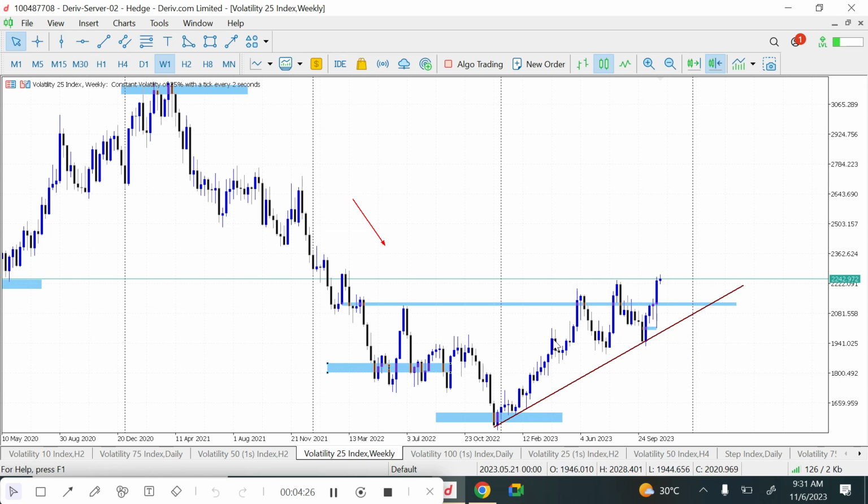Now, we know that we are bullish, so we are expecting buys on this asset. And if we are marking our resistance and support, in a downtrend, you mark support, and in an uptrend, you mark resistance, which means that in a downtrend, when support gets broken, you wait for a retest of the support line as resistance.